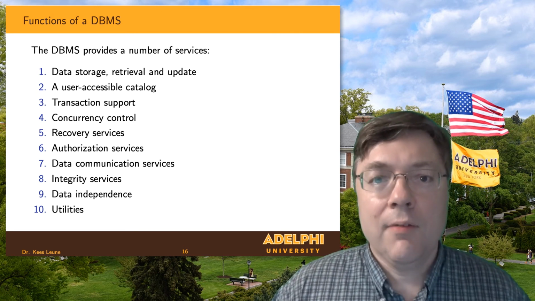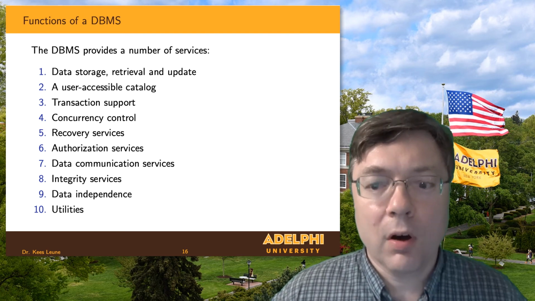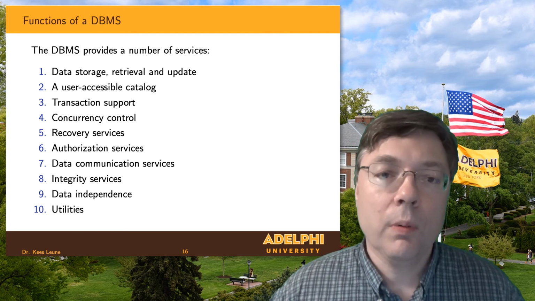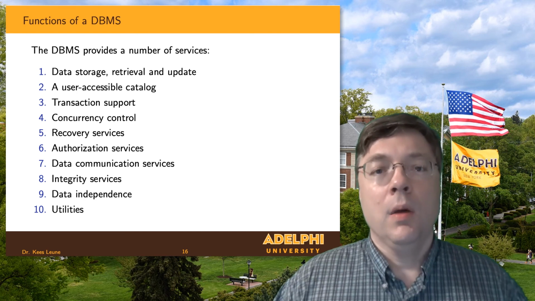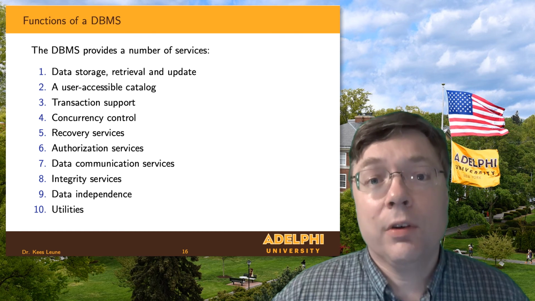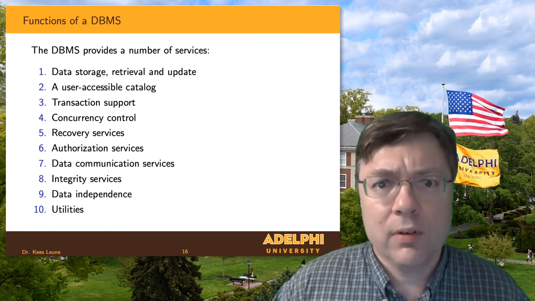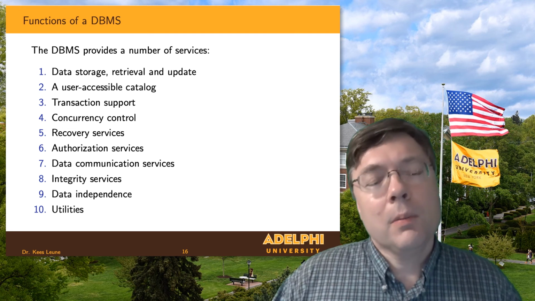We want to make sure that if we have multiple people interacting with our database, those people are properly authorized. We want to make sure that they can do so over a network through data communication. We want to make sure that the data that goes in the database is as accurate as we can make it, and we'll talk about data integrity a whole lot more over the next couple of weeks. We want to be data independent.